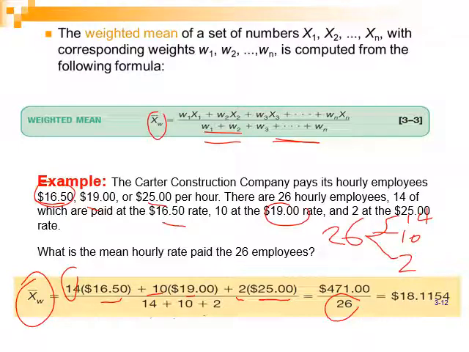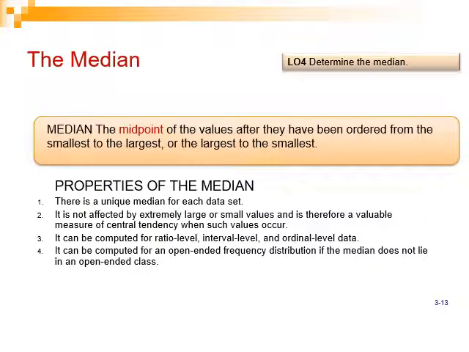So the weighted mean in this case will equal $18.11.